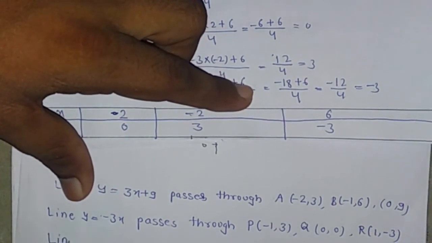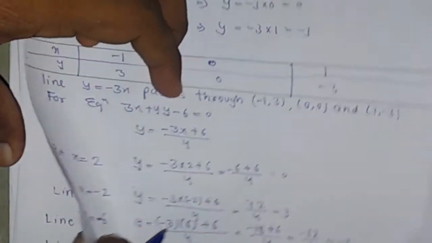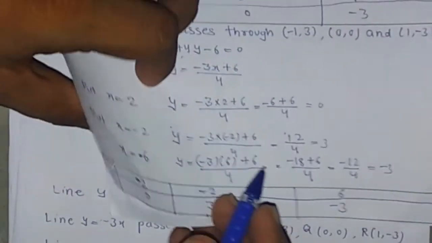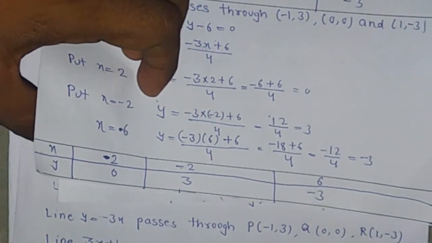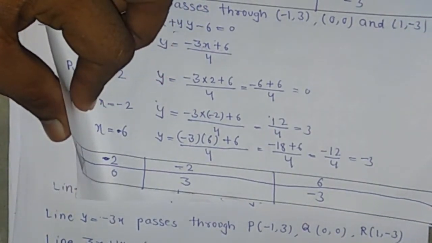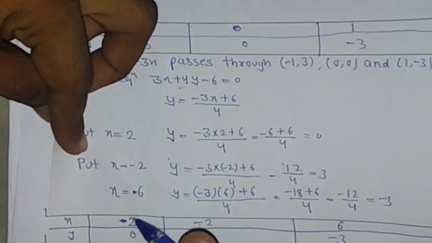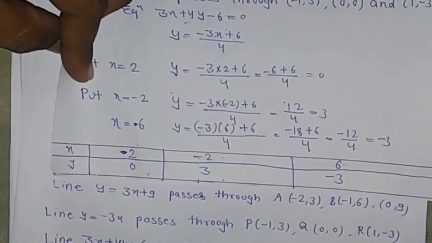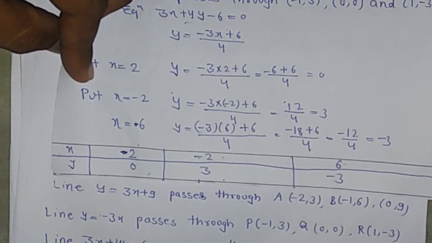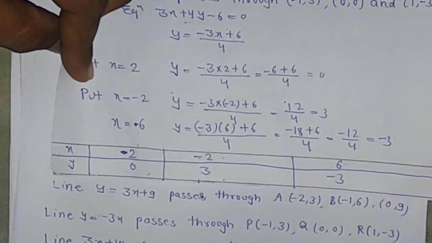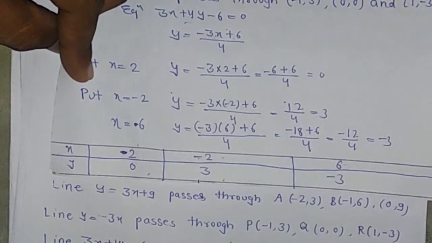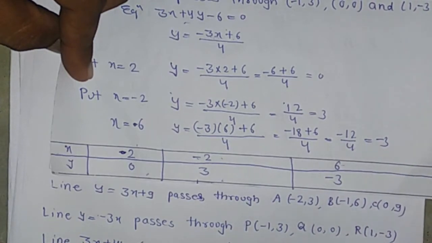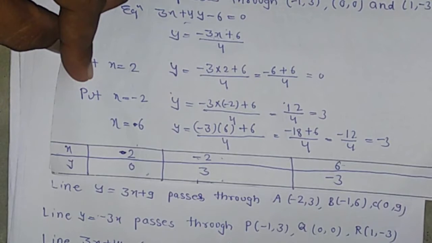And line 3x plus 4y equal 6 passes through points E 2 comma 0, F minus 2 comma 3 and G 6 comma minus 3.